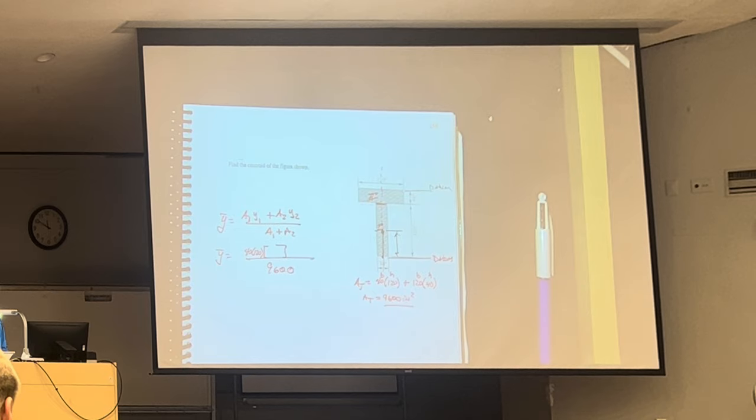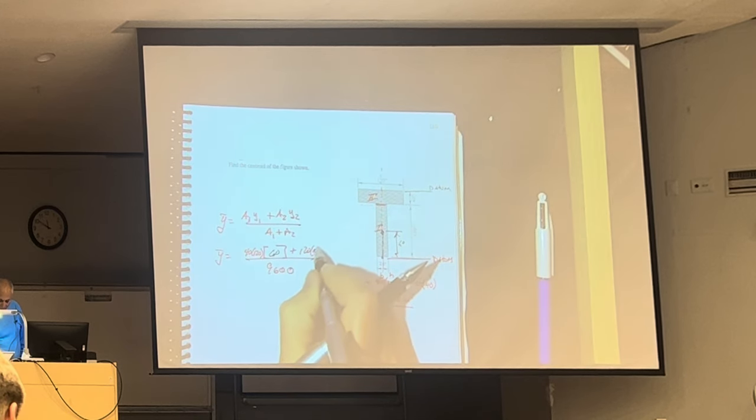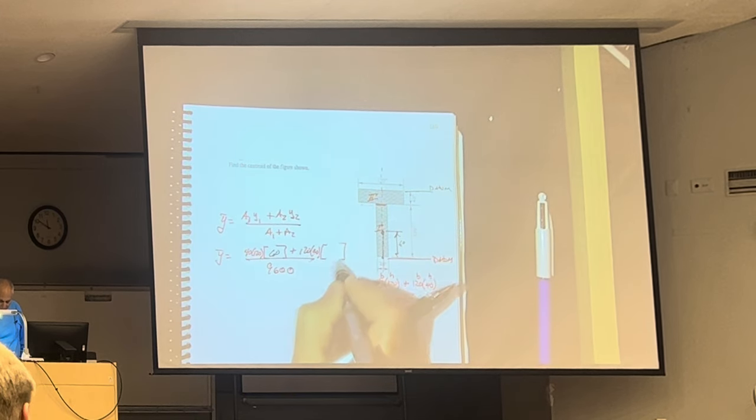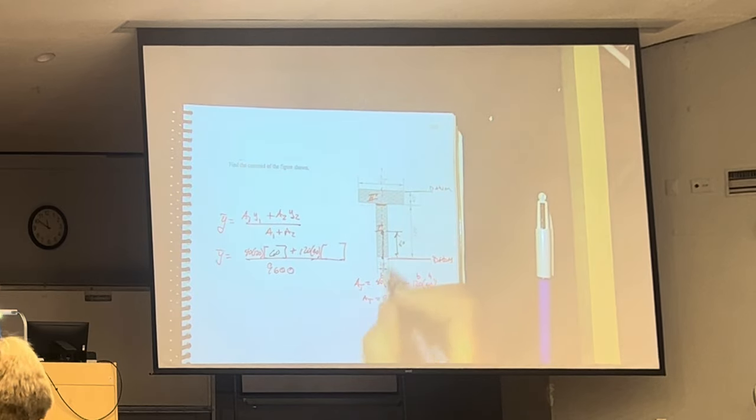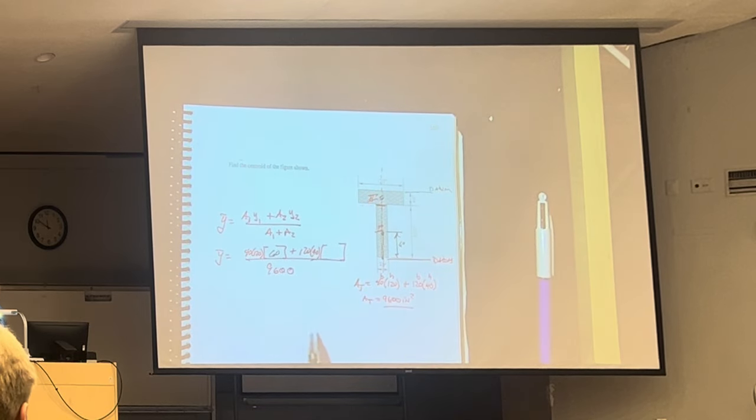Well, it looks like half of 120, right? That's 60. So this is going to be 60 plus 120 times 40 times the distance from the datum to the center of that.